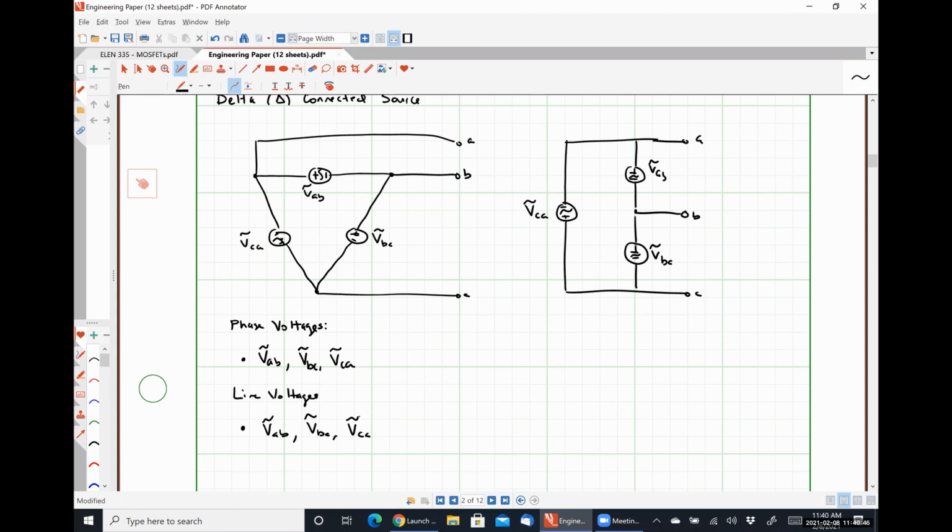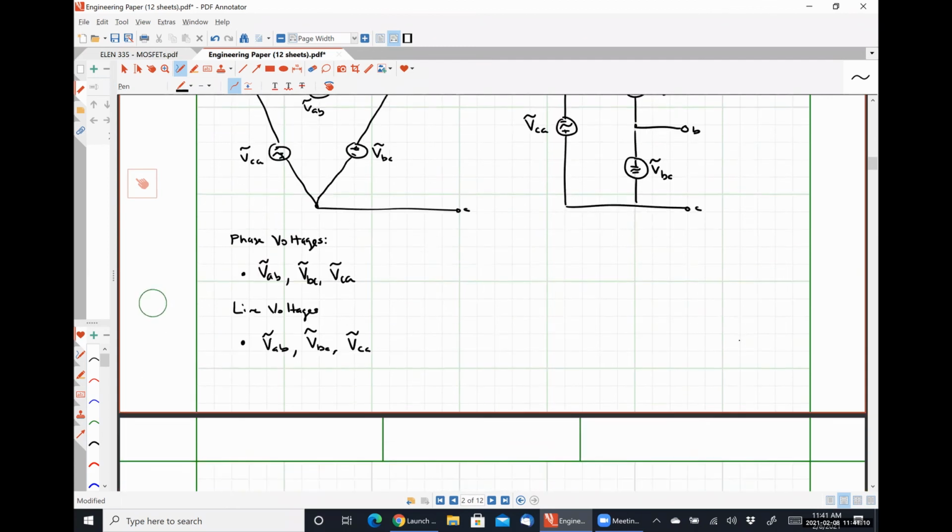So for a delta connected source, the line voltages and the phase voltages represent the exact same quantity. Is that obvious? Okay. So for a Y connected source, they do not. For a delta connected source, line voltages and phase voltages are identical.